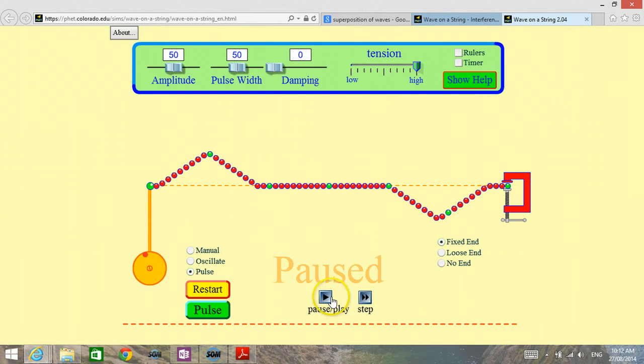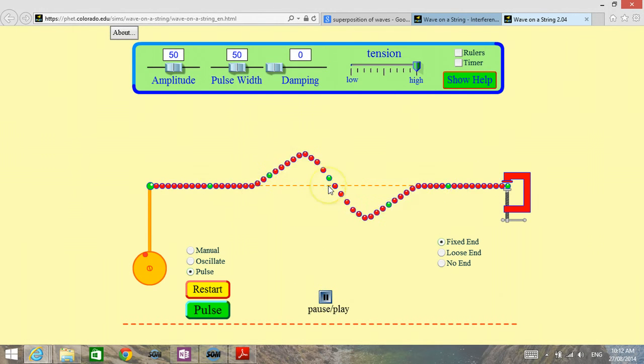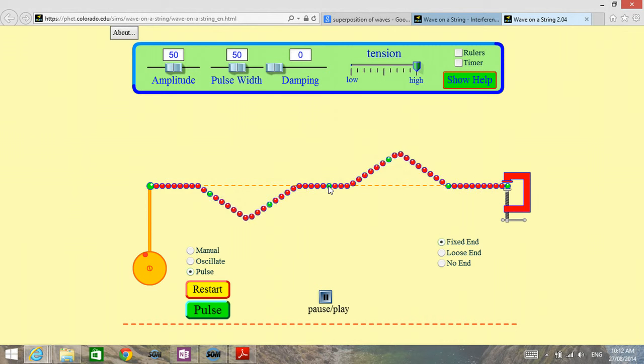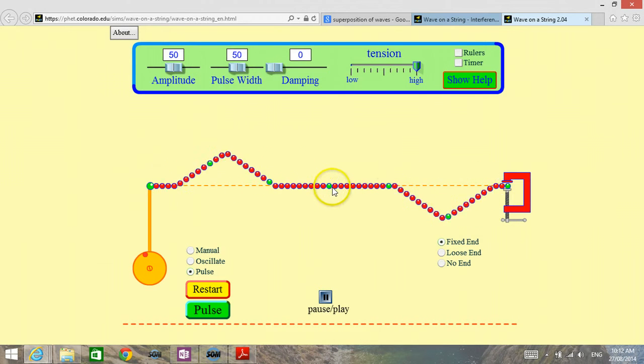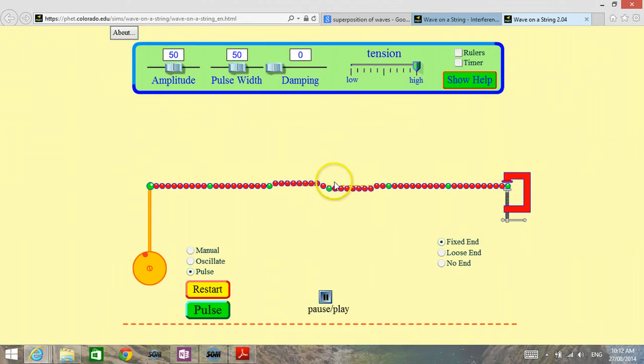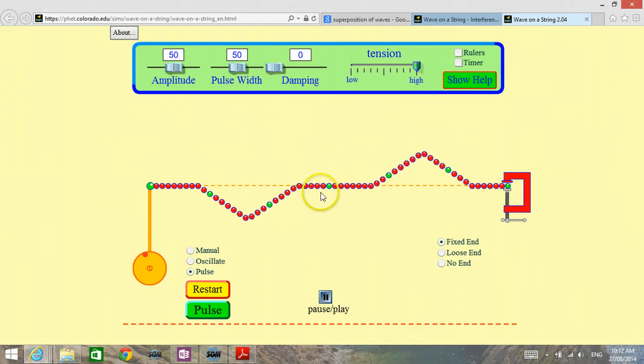So when they met, there is a nodal point. It means the particle in the center doesn't move when the two waves meet. If you have a look, the particle in the center doesn't move much compared with the other particles. This is what we call the nodal point.